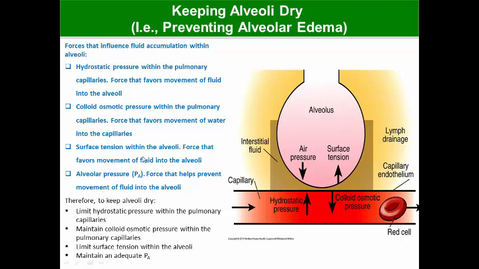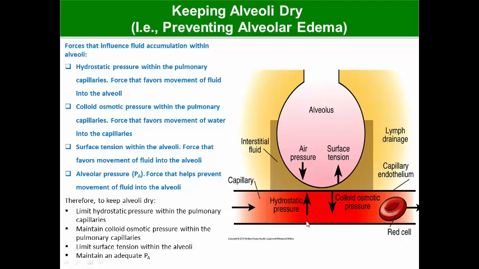The surface tension is a force that favors movement of fluid into the alveoli. The alveolar pressure, PA, is a force which helps to prevent the movement of fluid into the alveoli.